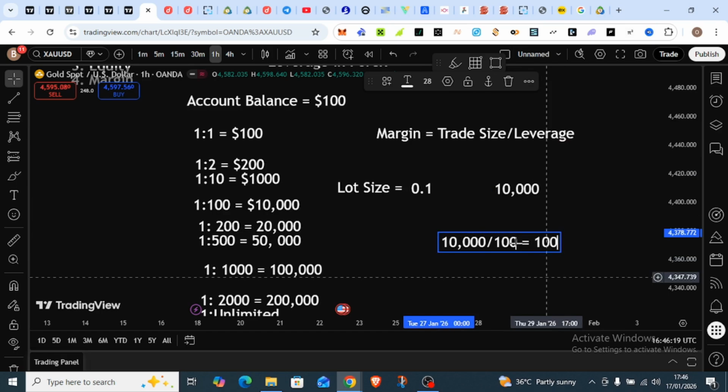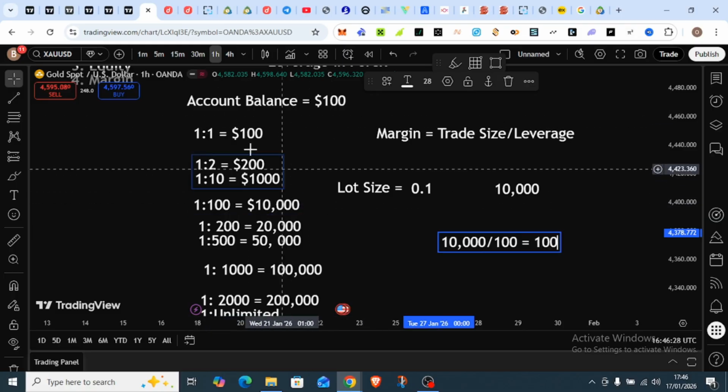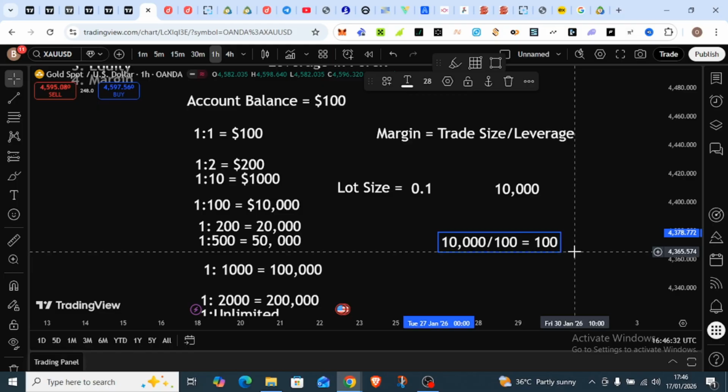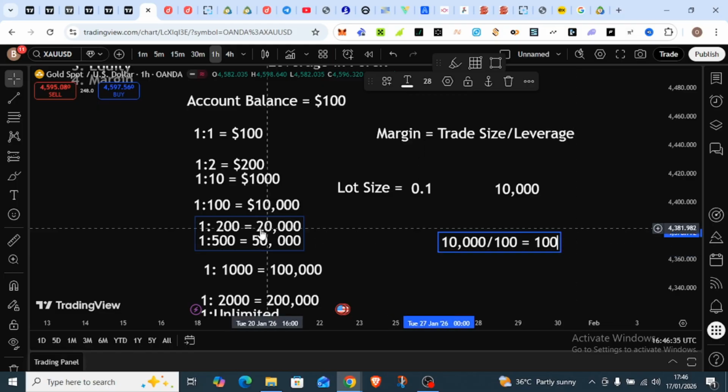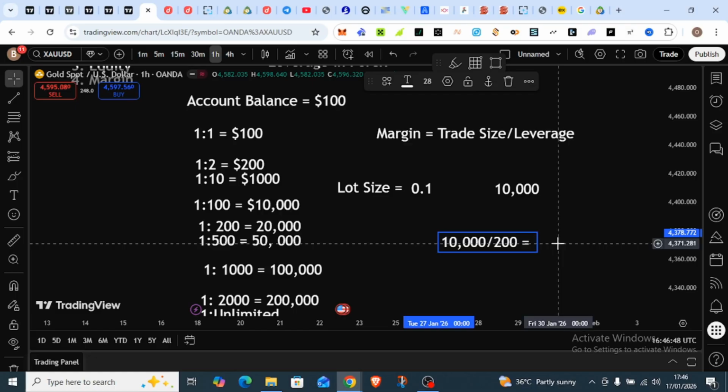But you know, this is the account balance we have, and we have to pay some fees and commission. We cannot just carry all the money we have in our account balance and place it as margin. So we need to give it a space. If we use 200, divide it by 200, we need like $50 margin of $50.